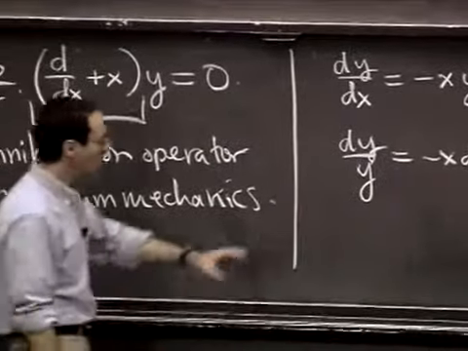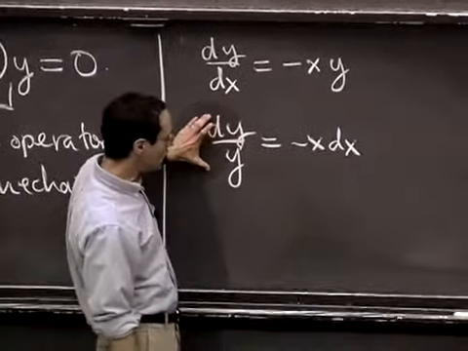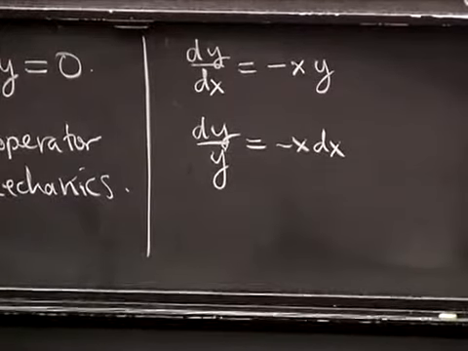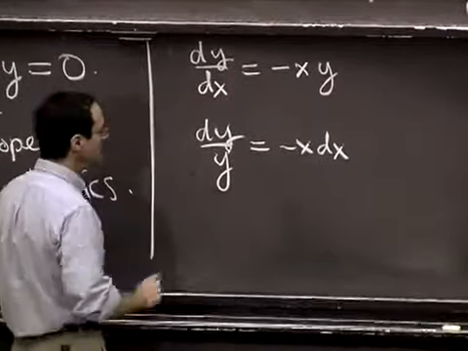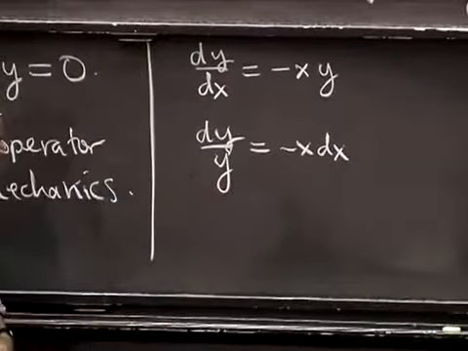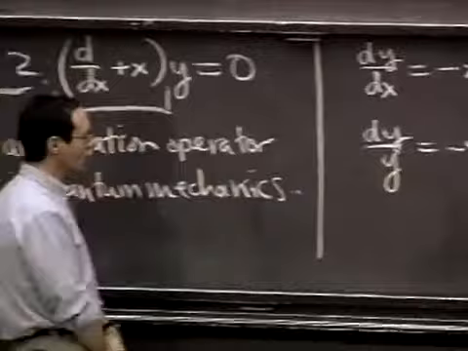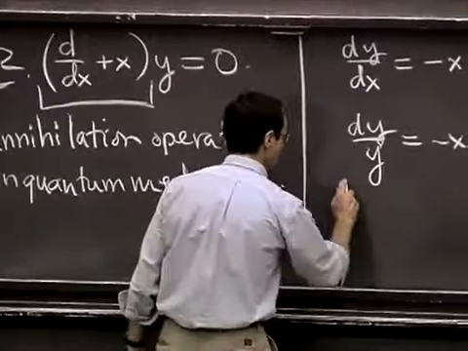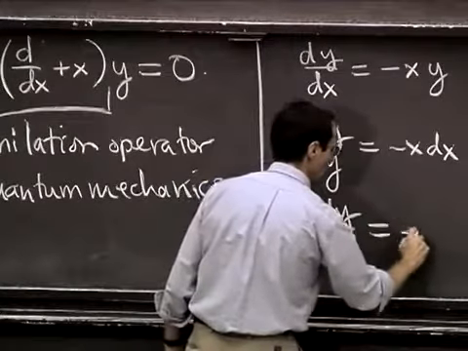And what's going to be important for us is that the left-hand side is expressed solely in terms of y, and the right-hand side is expressed solely in terms of x. We'll go through this in careful detail. So now the idea is, if you've set up the equation in terms of differentials as opposed to ratios of differentials or rates of change, now I can use Leibniz's notation and integrate these differentials, take their antiderivatives.